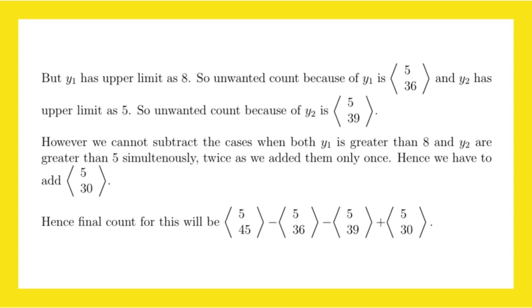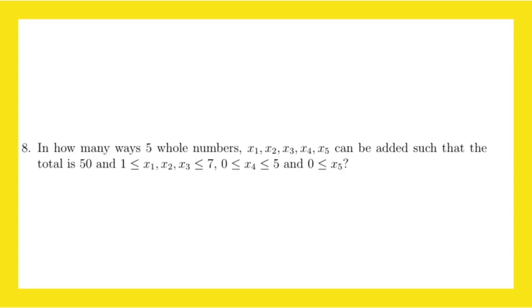Hence, in this particular problem, the final answer will be 5 elbow 45 minus 5 elbow 36 because of x1, minus 5 elbow 39 because of x2, and plus 5 elbow 30 because of x1 and x2 simultaneously greater than the upper limit.